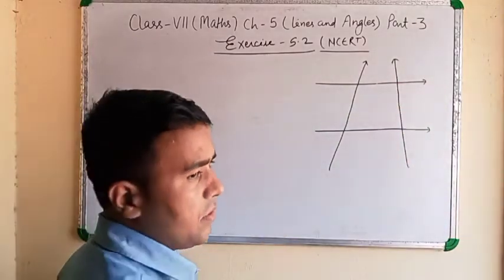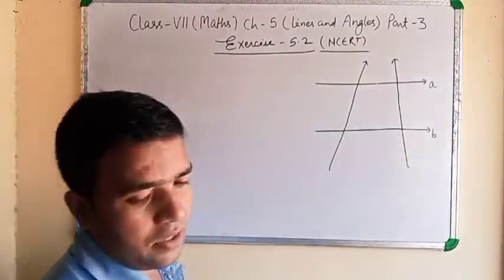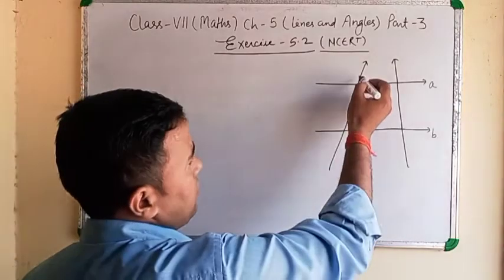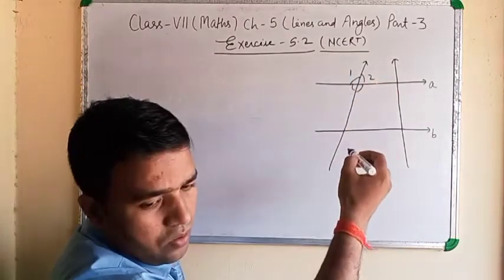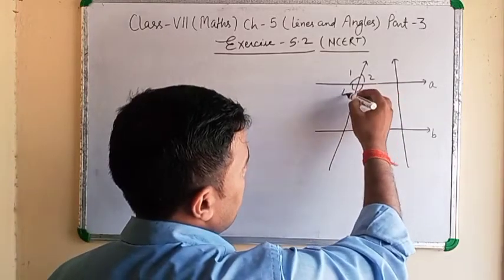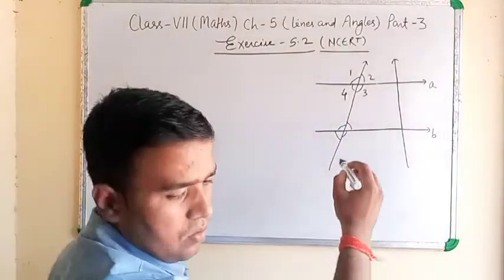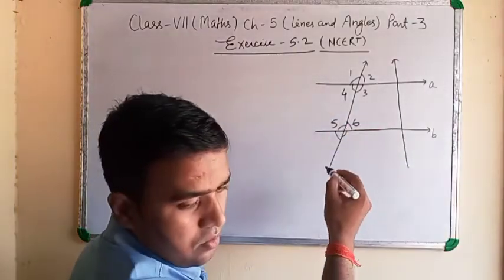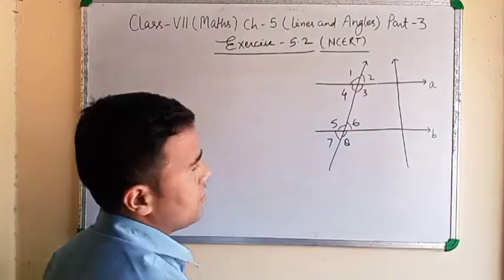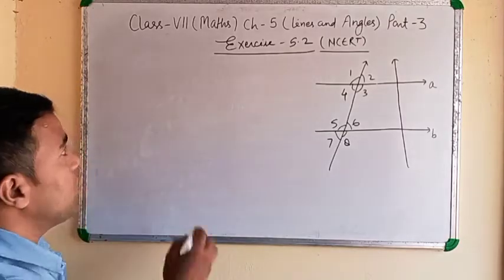A parallel B. It is a parallel line, clear, and the angles are given: 1, 2, 3, 4, 5, 6, 7, clear.